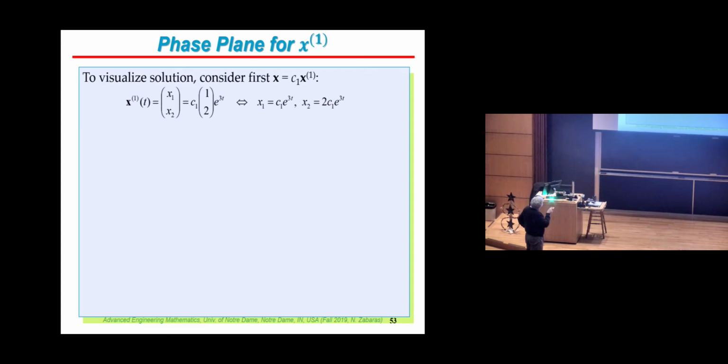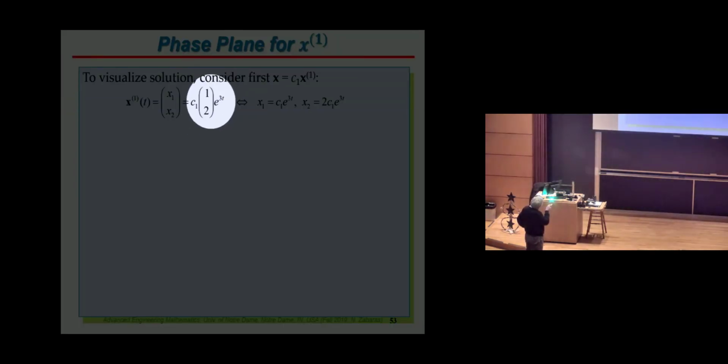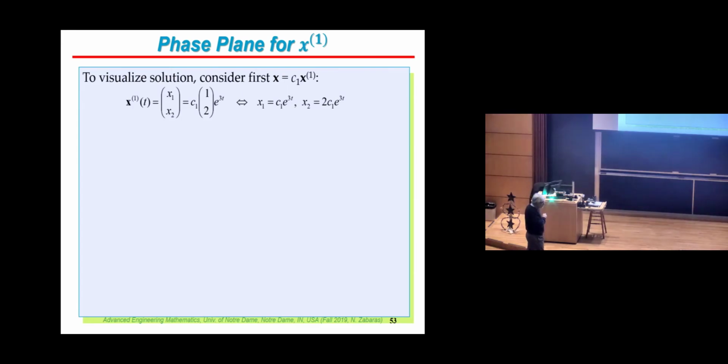But can you tell me, if you take a trajectory based on this solution, what is the relation between x1 and x2 on this trajectory? We say the solution goes to infinity as t goes to infinity, but what is the relation between x1 and x2 looking at that particular solution?